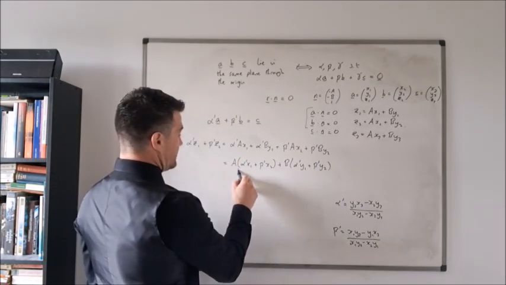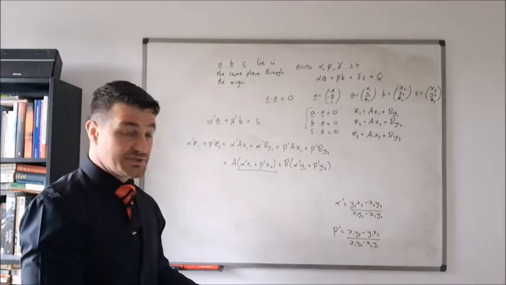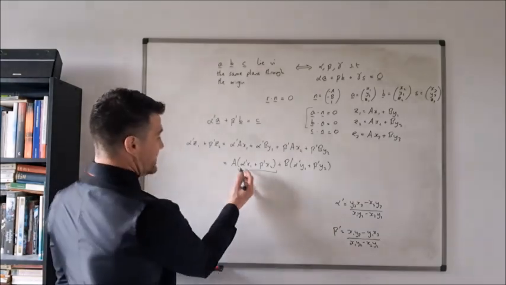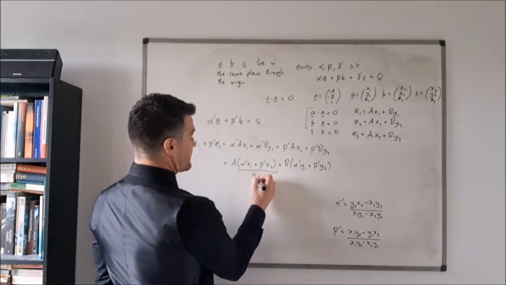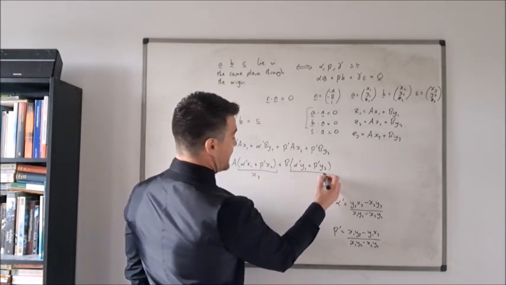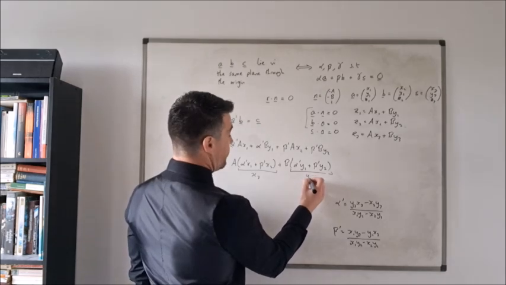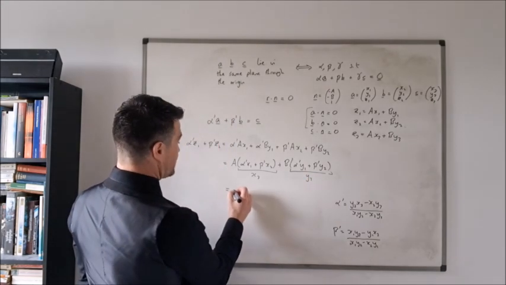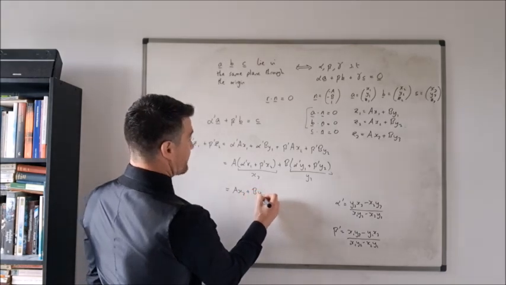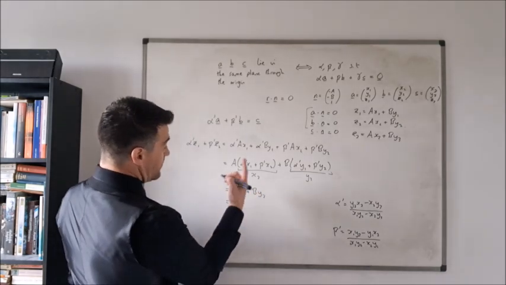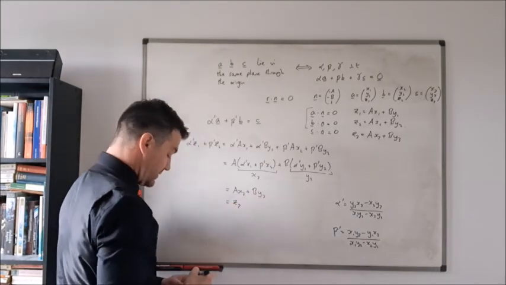But I know, because of how I found these in the simultaneous equations that I used to find these, that alpha primed x1 plus beta primed x2 is equal to x3. And I know that alpha primed y1 plus beta primed y2 is equal to y3. So this is, therefore, equal to A x3 plus B y3, which is equal to Z3. Aha, okay.